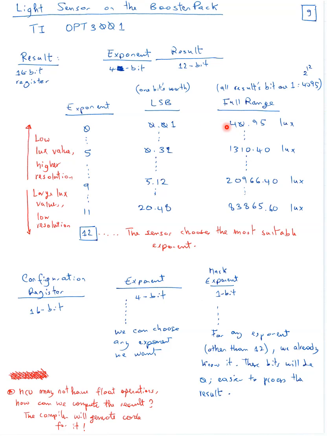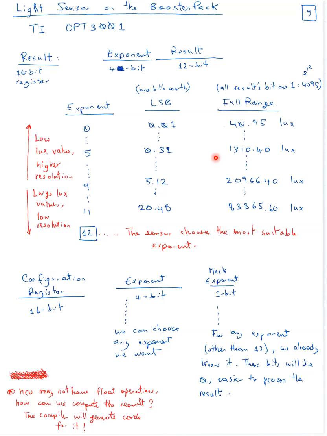And then all of a sudden, if we started to measure high lux values, the sensor is gonna bring the exponent higher, so we can accommodate these high values. So it will keep adapting, staying as high as possible to give the best resolution, but to also have a full range that can really measure the values we're trying to measure.